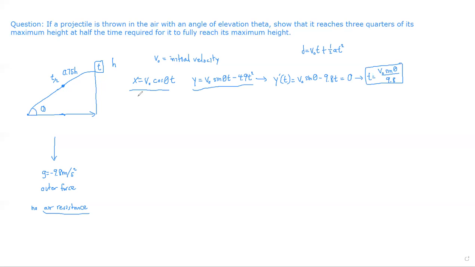Now, substituting this back into the original equation y, and just substituting this t value, you get y is equal to v naught squared sine squared theta over 9.8 minus 4.9 v naught squared sine squared theta over 9.8 squared.